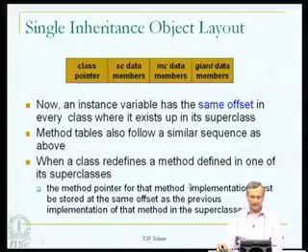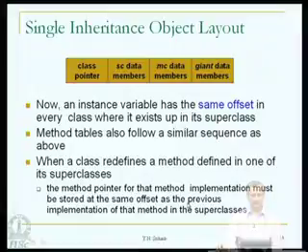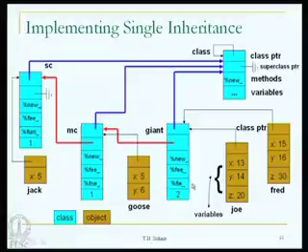Now, when a class redefines a method defined in one of its superclasses, it is very easy. Just the method pointer for that method implementation must be stored in the same offset as the previous implementation of the method. We just replace it, nothing more than that really happens. So, if you take this, there is no problem.